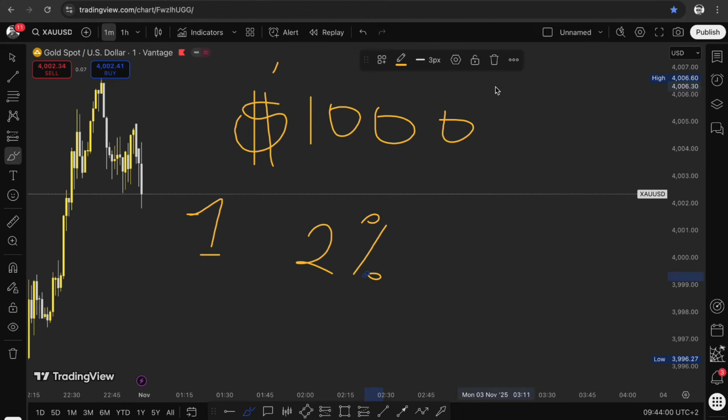And 2% sounds small if you have a small account, I understand, but it's gonna make sense if you have a big account, right? So make sure that you risk only 2%, maximum 2%. Don't go above that, guys, so that you give yourself room for a mistake, room for a loss, just to lose a little bit.